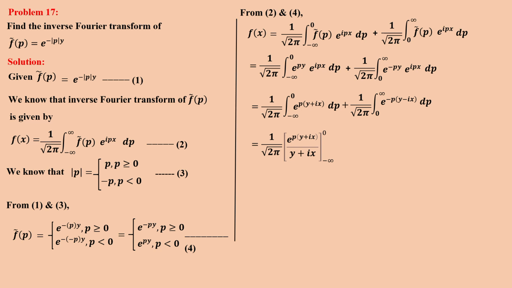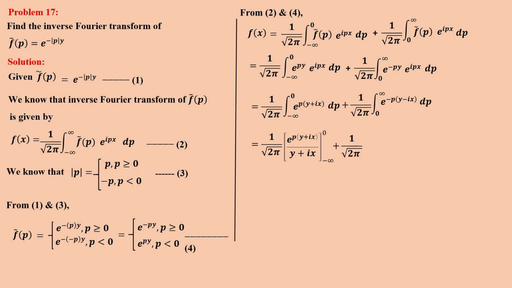We know the integral of e power a x, or e power (a plus b) x, is e power (a plus b) x by (a plus b). Instead of a plus b, we have y plus i x, and instead of x we have p. So using that formula, e power p (y plus i x) by (y plus i x), lower limit minus infinity, upper limit 0.